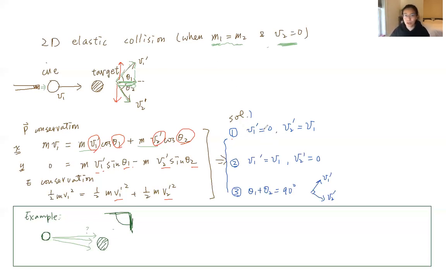So the first possible scenario, the first solution to this set of equations, is v1 prime is 0, v2 prime is v1. What does this mean?